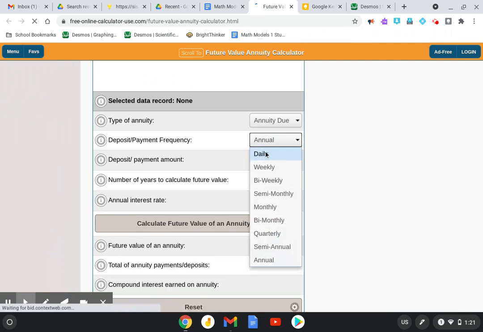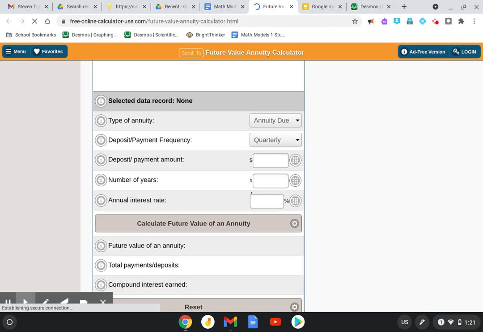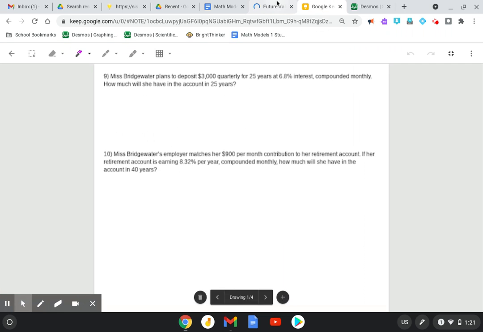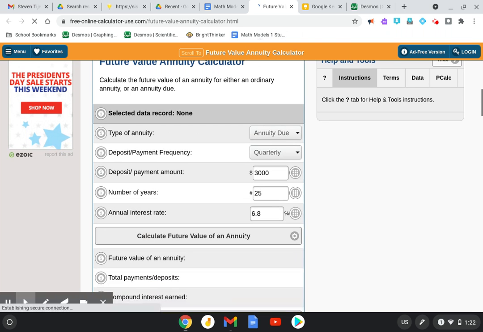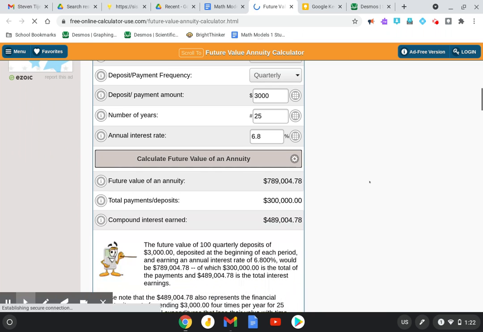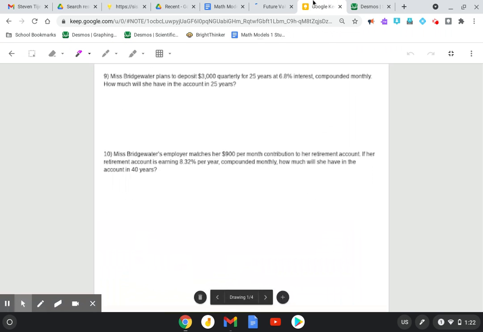We're going to deposit quarterly. How much are we going to deposit? It said we're going to deposit $3,000 for 25 years at 6.8 interest. And we calculate. So the future value is $789,004.78.